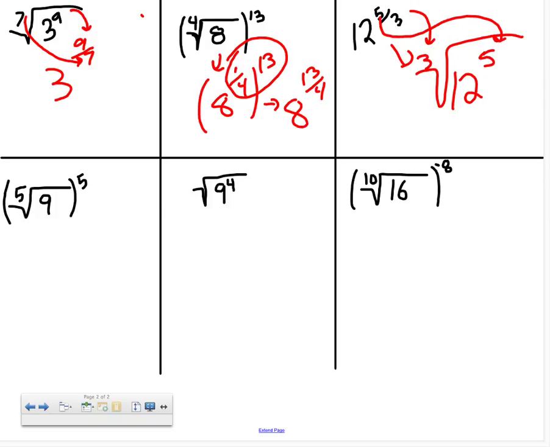I could have also done the cube root of 12 to the 5th. I could write cube root of 12 to the 5th power. That would also work. They both mean the same thing.